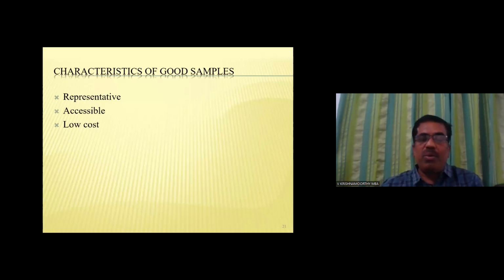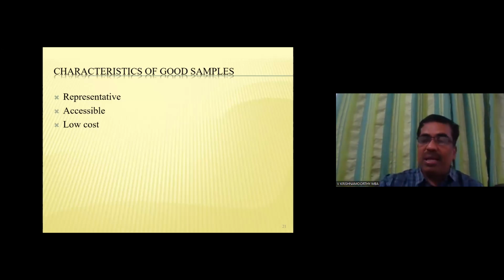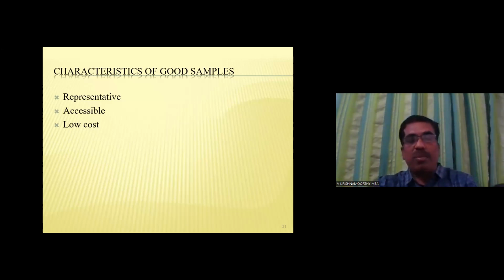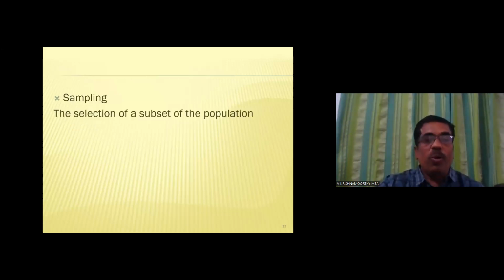This is the first one. Another important thing: if you want more accuracy, you should collect a large amount of data. Another important thing is that the sample should be accessible. Then the cost of the sample should be very low.